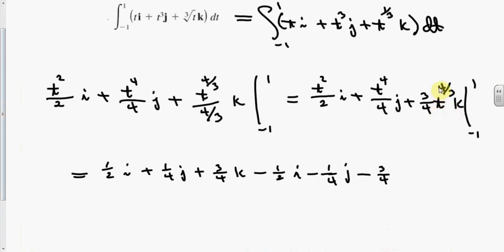We raise that to the 4th power, it becomes +1, and that's the cube root of 1 is 1, so that's just k. So let's see, the 1/2 i minus 1/2 i cancels out, 1/4 j minus 1/4 j cancels out, and 3/4 k minus 3/4 k cancels out. So we just have 0.